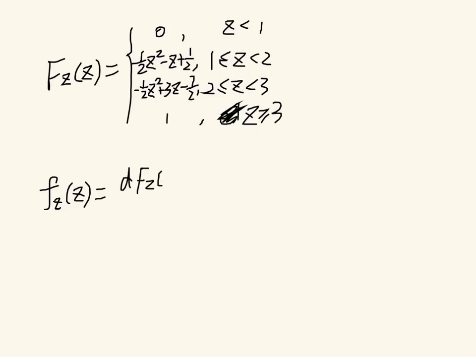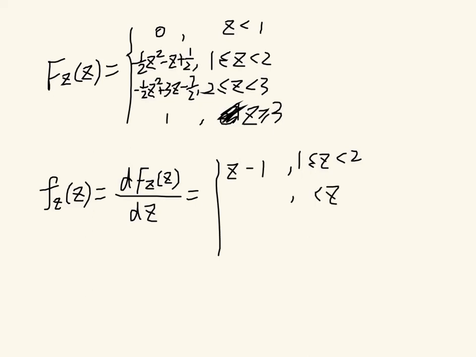So when z is between 1 and 2, it is equal to z minus 1, and when z is between 2 and 3, it is equal to minus z plus 3, and else it will be 0.